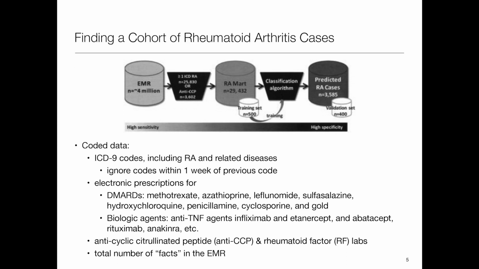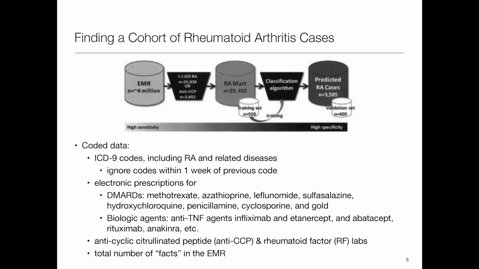And there are some details here that you can look at in the slide. And I had a pointer to the original paper if you're interested in the details. But we were looking at ICD-9 codes for rheumatoid arthritis and related diseases. We excluded some ICD-9 codes that fall under the general category of rheumatoid diseases because they're not correct for the sample that we were interested in.